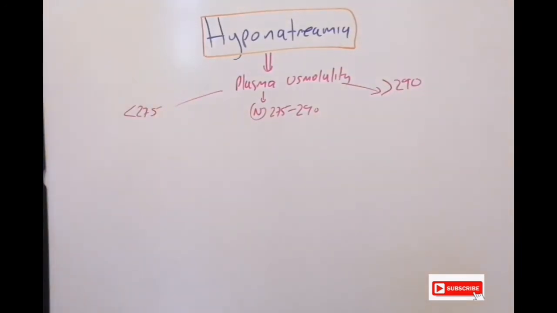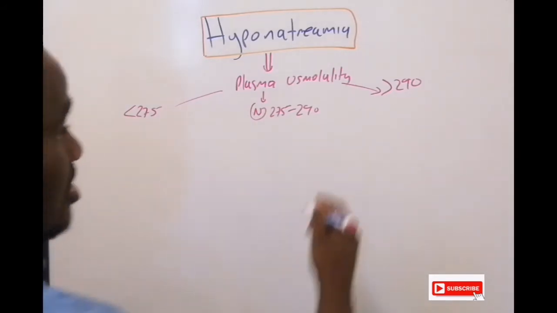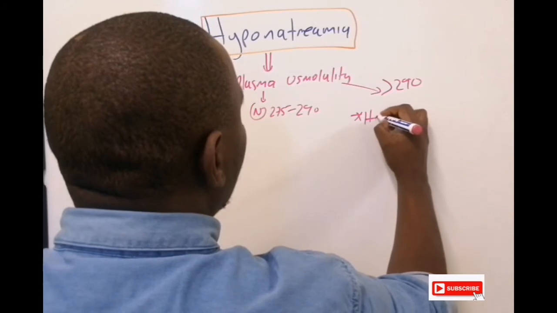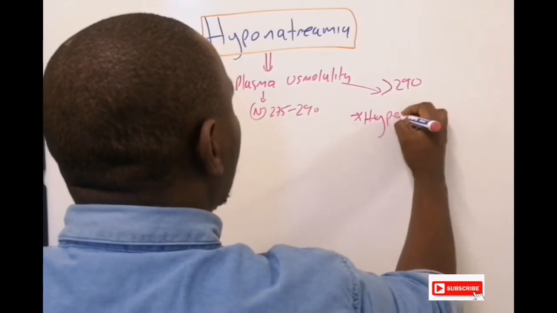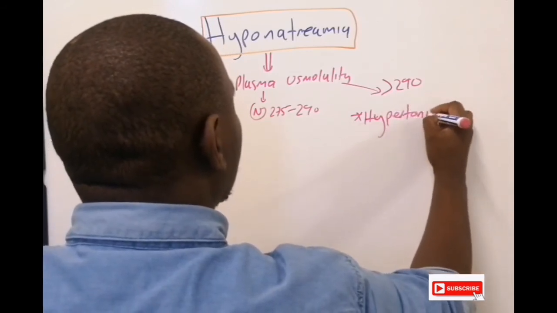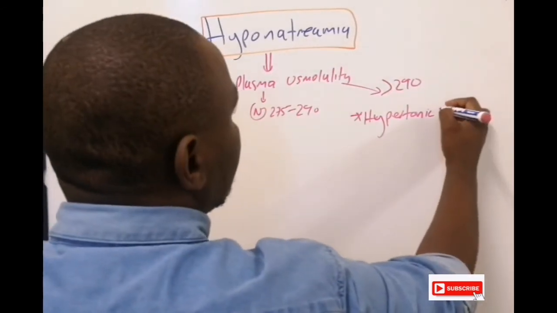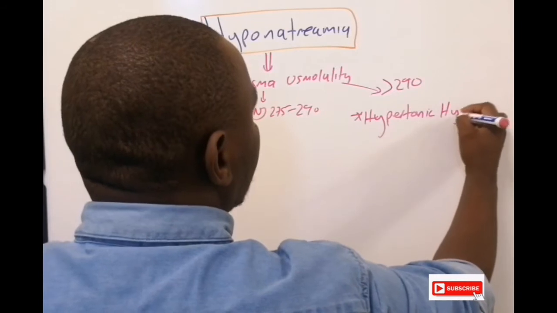When the osmolality is more than 290, by definition, that is called hypertonic hyponatremia.